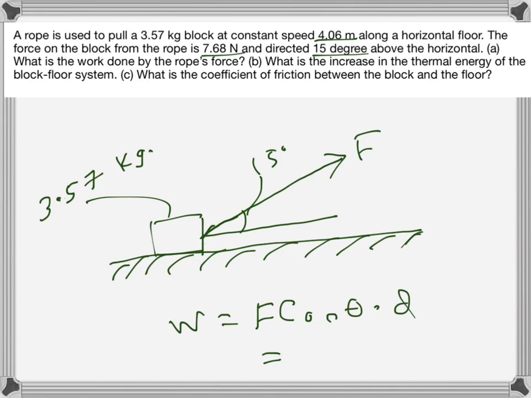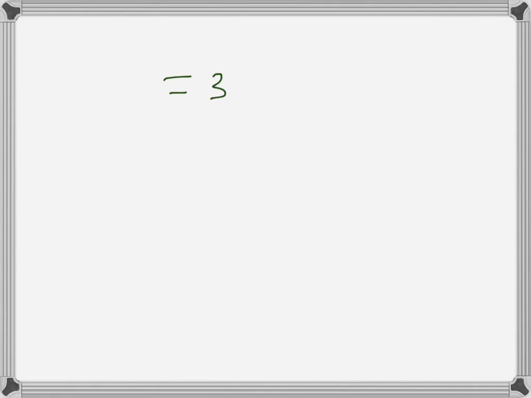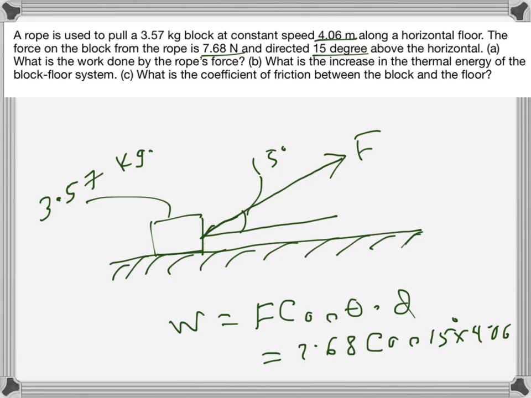So that will be 7.68, and then cosine of 15 degrees times 4.06, which is 30.1 joules.